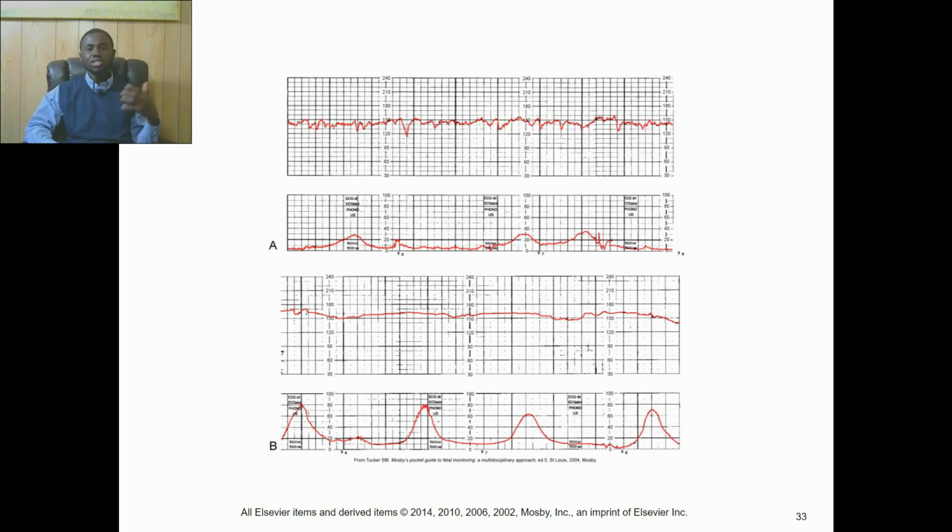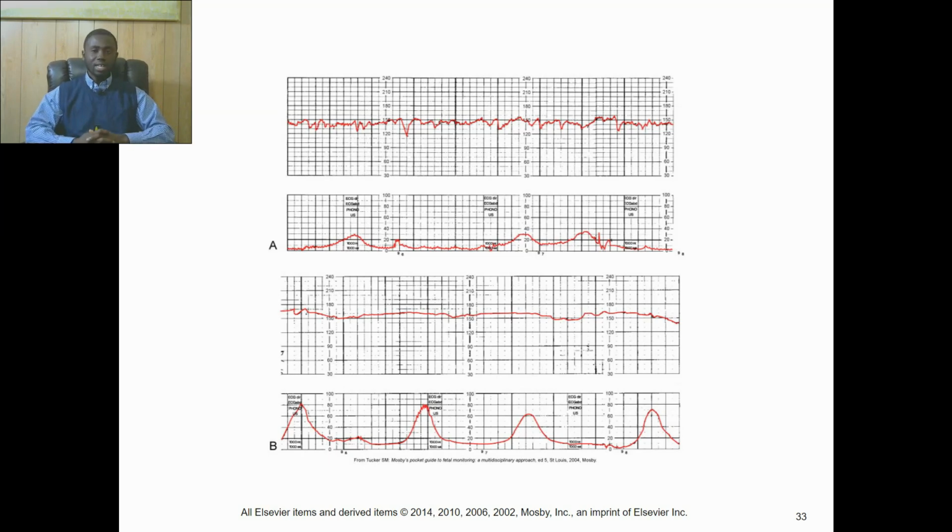In the contraction stress test, we are looking for decelerations, because decelerations indicate placental insufficiency and the lack of oxygenation to the fetus. If the test is negative, then usually we will resume our routine weekly testing schedule.